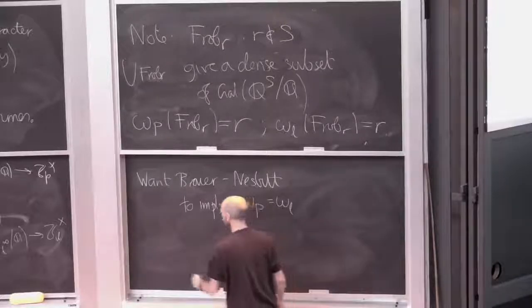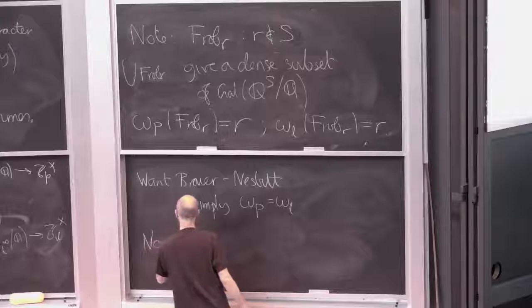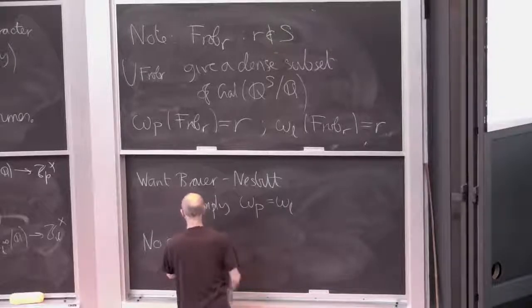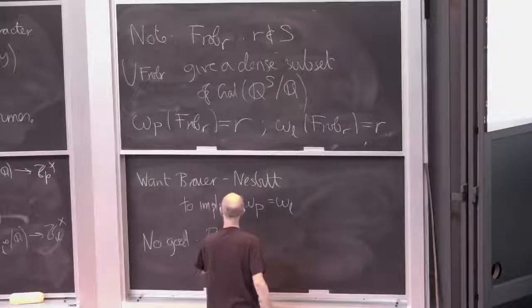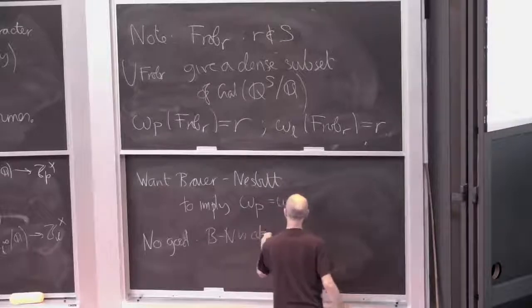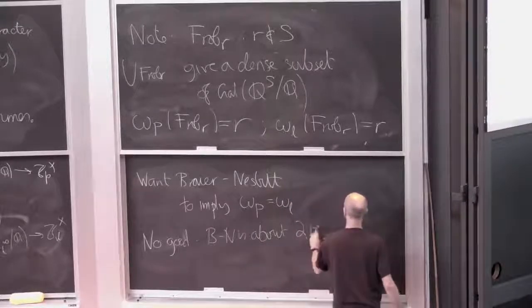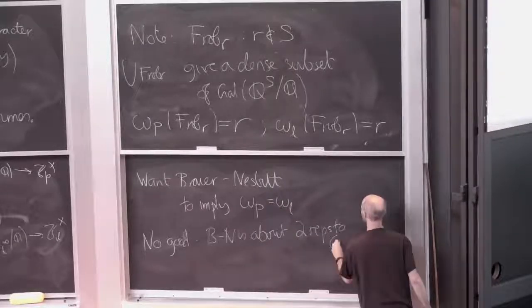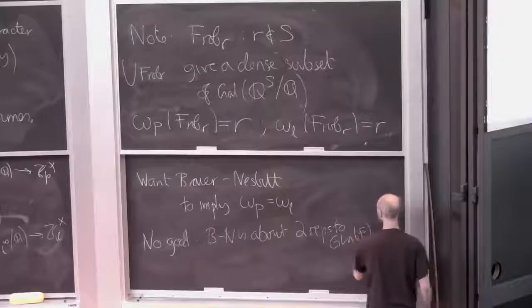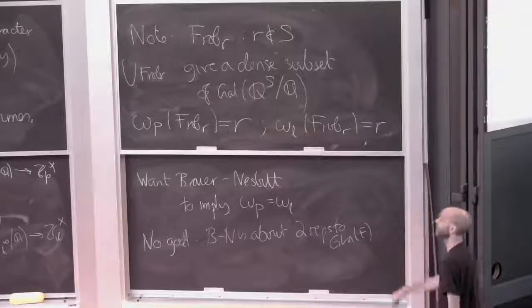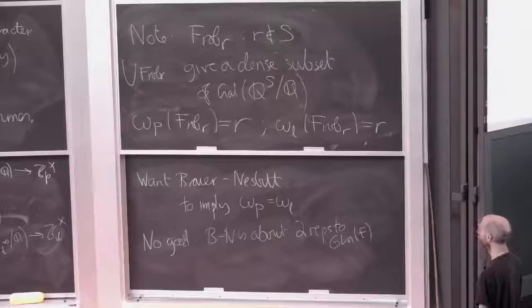This is no good, because Brauer-Nesbitt is about two representations to GL_n of E, where E is some fixed field, maybe with a topology.